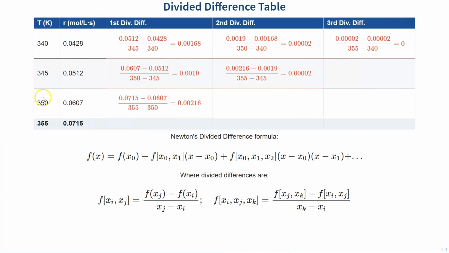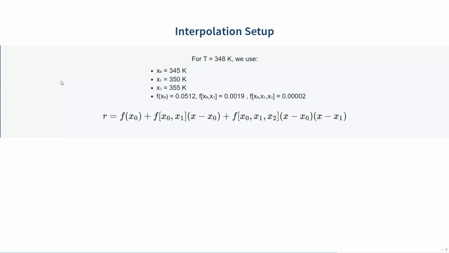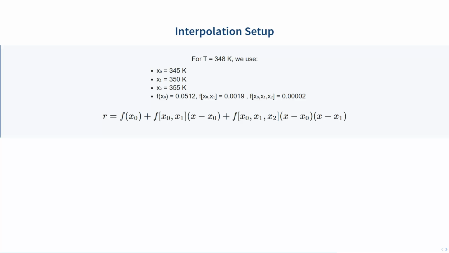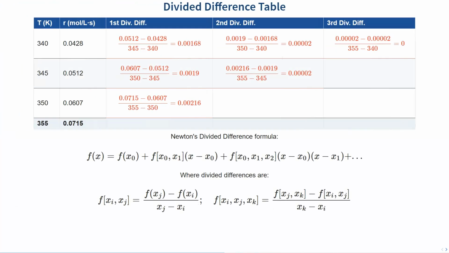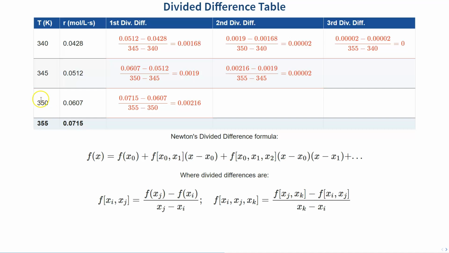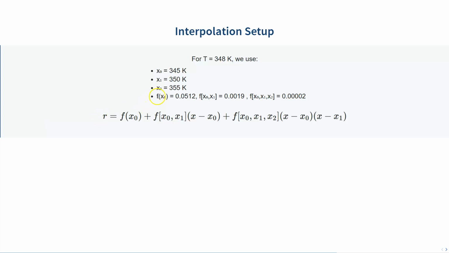It is close to 350 and 345, so for that we take x0 as 345, x1 as 350 and x2 as 355. So we have to calculate the reaction rate at T equal to 348, which is near to 350.